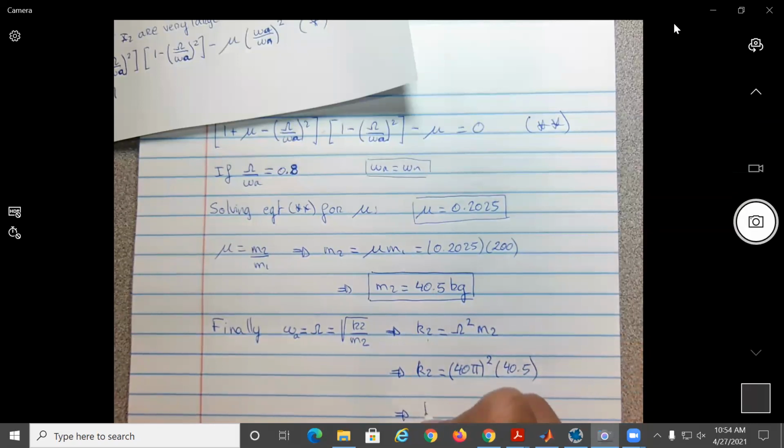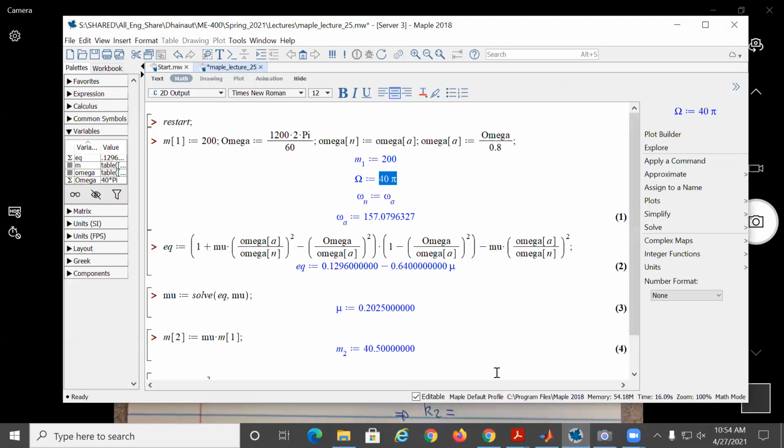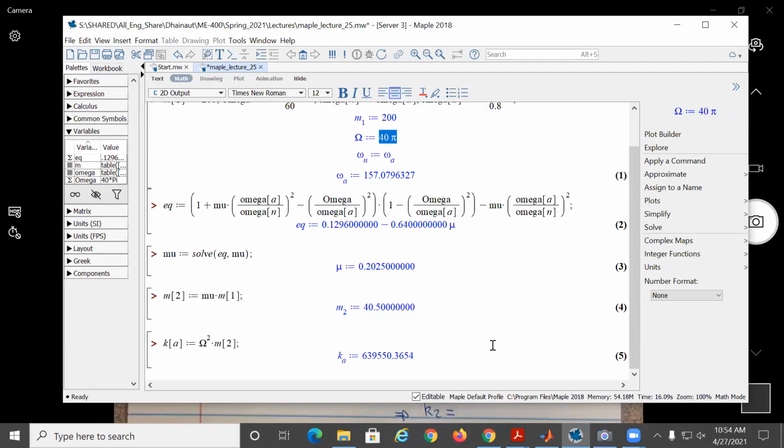And this should give you a K2 of 639,550.3654, and that should be newtons per meter.